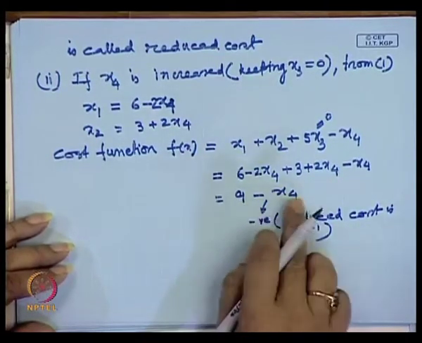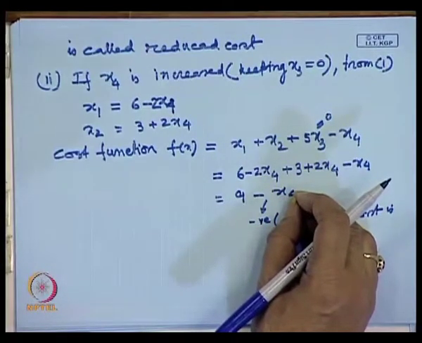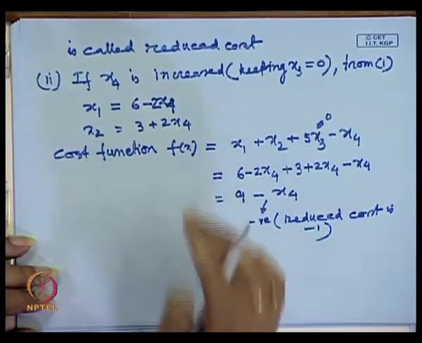So, what is the possibility? Previously x4 is 0, now if you increase it, then this objective function value will decrease. Agree?